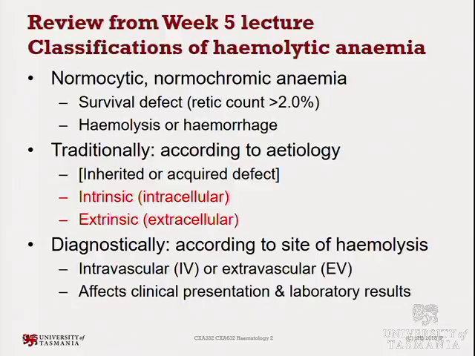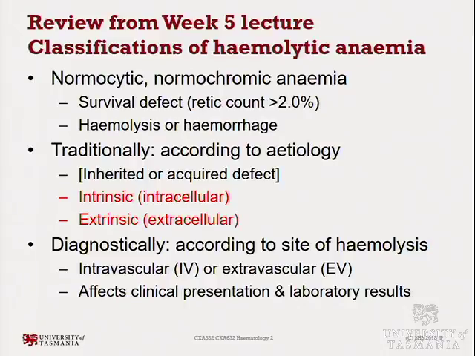Okay, so a little bit more of a review for you. Just reminding you that hemolytic anemias fall under the subcategory of normocytic normochromic anemias, and they are due to a survival defect. Traditionally they are categorised according to the etiology, so according to the cause.